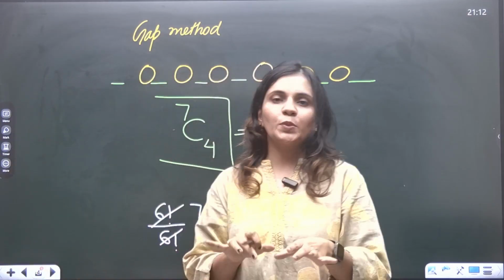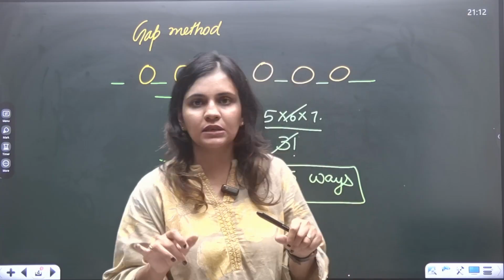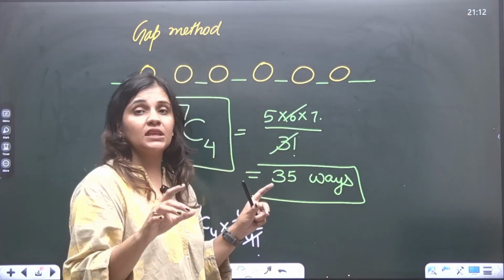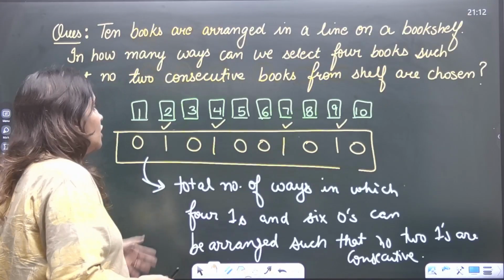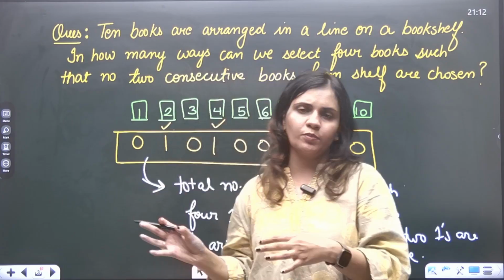So in this particular video I explained how to use the binary sequence and gap method together to solve this question, and how binary sequences can be helpful in doing such types of questions.